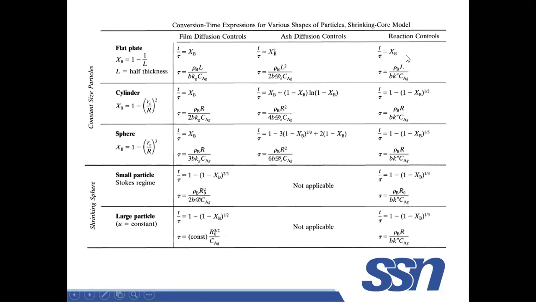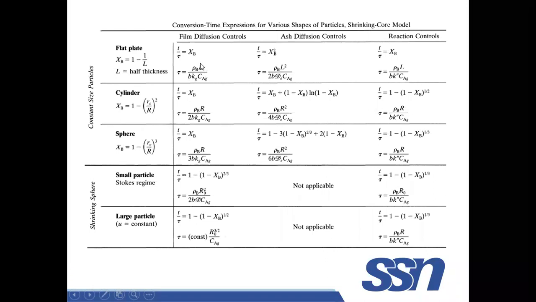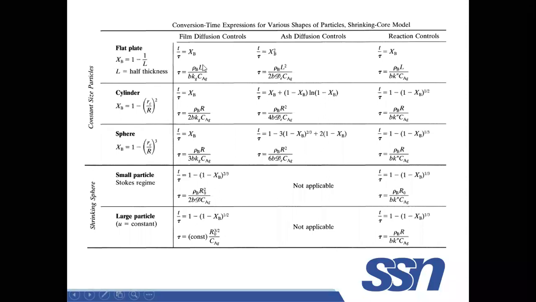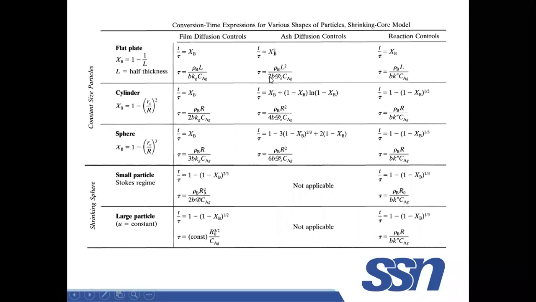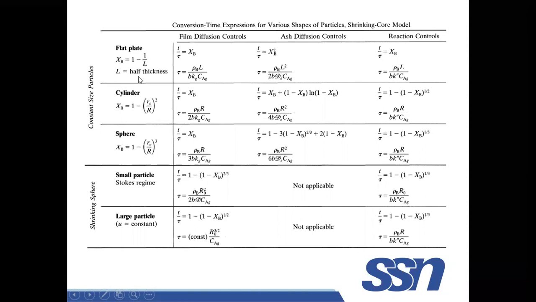Again, the expressions are the same, except here instead of R, you get L. And accordingly, the coefficients will change, because here also dV, the volume, will change, right? So here it is square, here it is square, L square you get, right? So for a flat plate, you get L, that is the thickness. 2L is the thickness we call. L is half the thickness, that is thickness by 2.